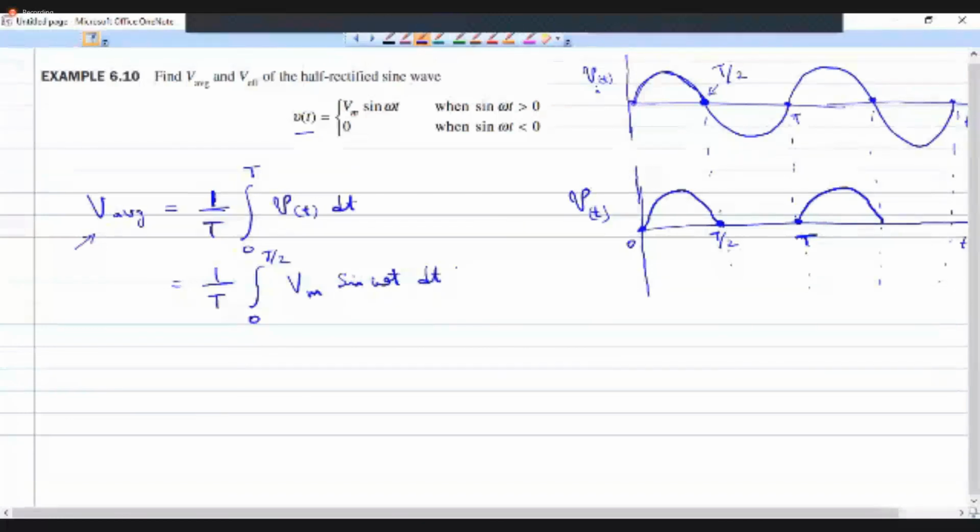Now you can integrate it and find out. So taking Vm common out, the integral of sin omega t is minus cos omega t divided by omega. Apply the limits from 0 to T by 2.